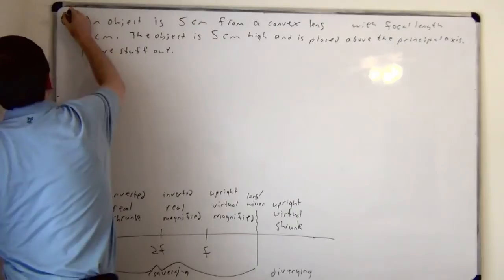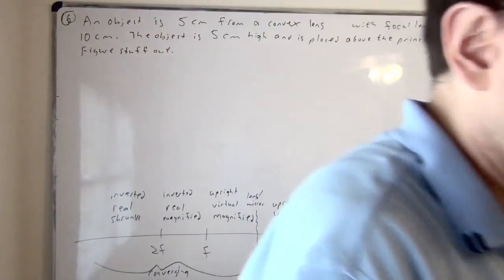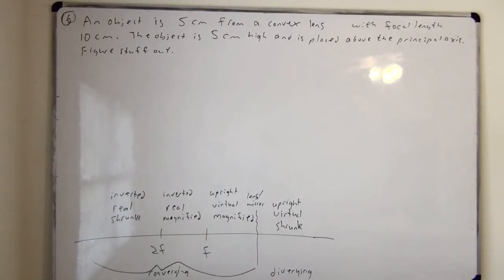Let's try number 6. Unfortunately, there's lots of different cases. Okay, so it's 5 centimeters from... So it's a convex lens.